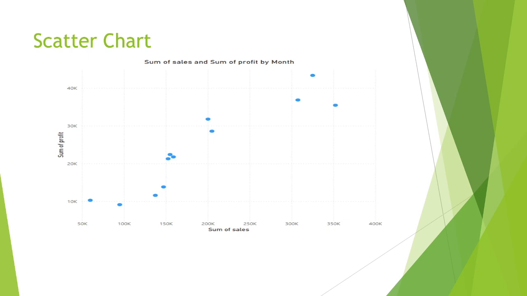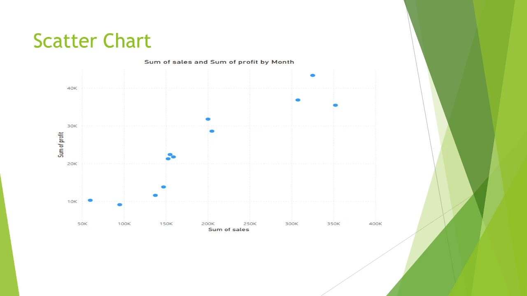The dots follow an upward trend, meaning when sales go up, profit also increases. And some months have low sales and low profit. These are the dots on the lower left side, and some months have very high sales and high profit. These are the dots on top right side, showing strong business performance.